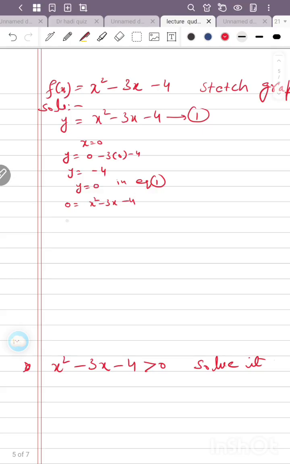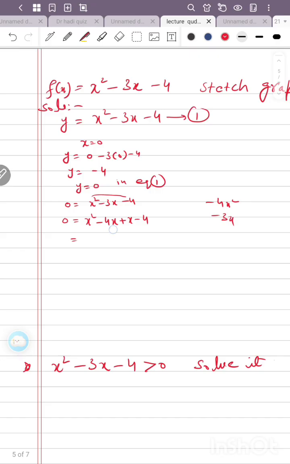Now if we take its midterm break, x square minus 4x plus x minus 4. How do you find the midterm break? We multiply by minus 4x square and take another number which you have to subtract or add, and the answer will be minus 3x.